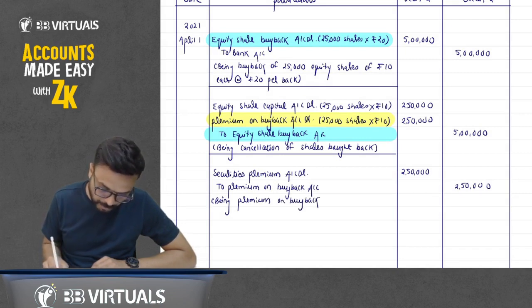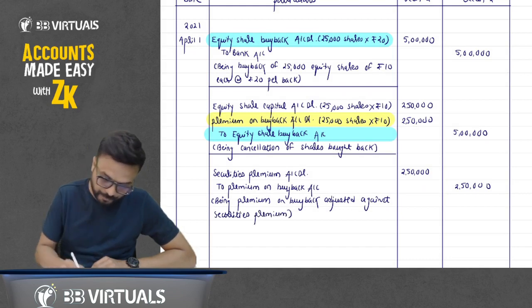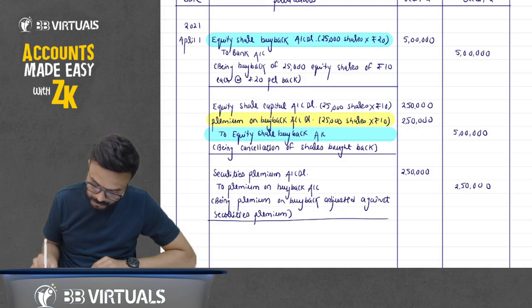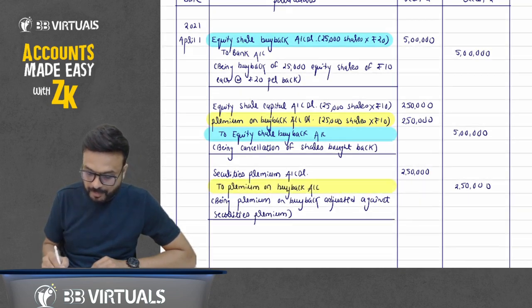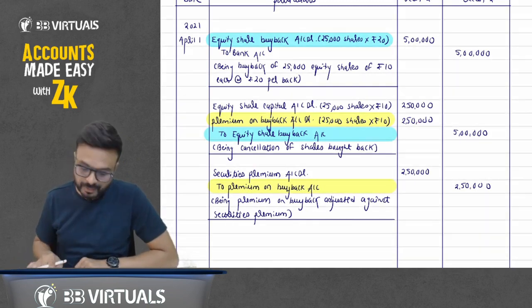Being premium on buyback adjusted against securities premium account. Now we have cancelled this premium on buyback account. Here we have debited by rupees 2,50,000 and we have credited. So premium on buyback account gets closed.